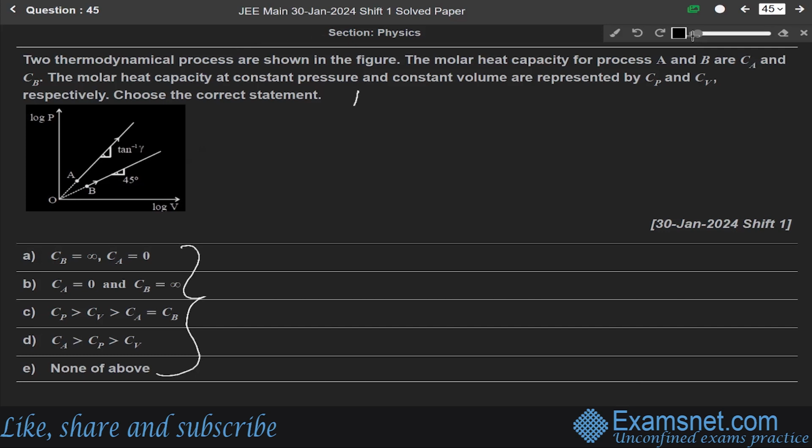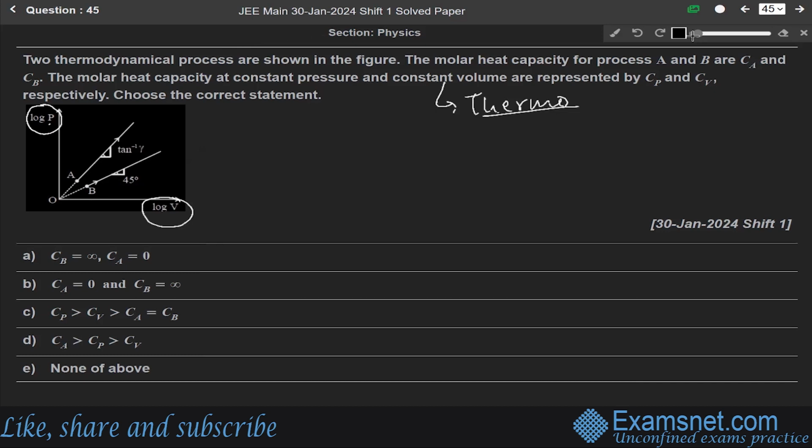This question is from the chapter of thermodynamics. According to it, we are given a graph having y-axis log P and x-axis log V.